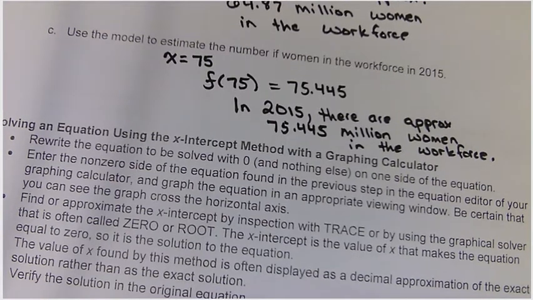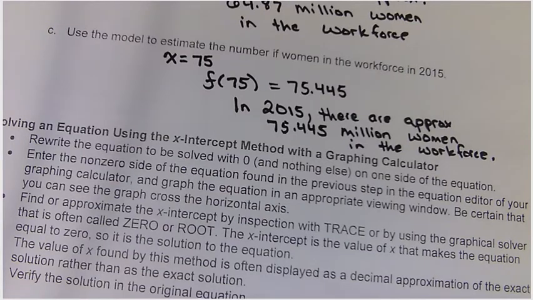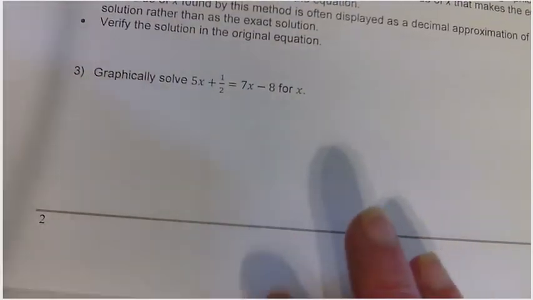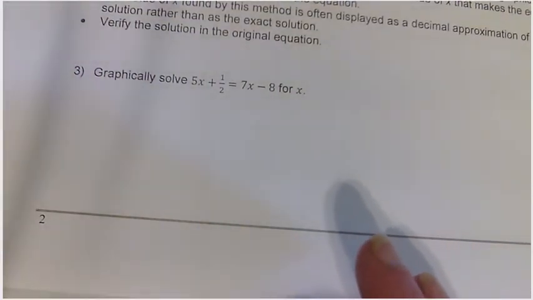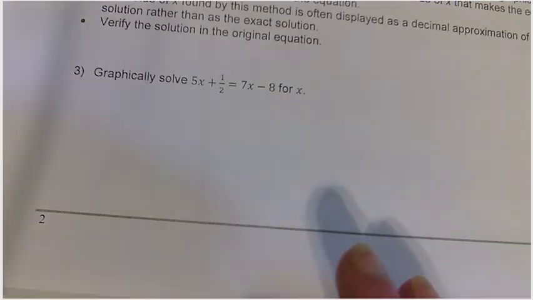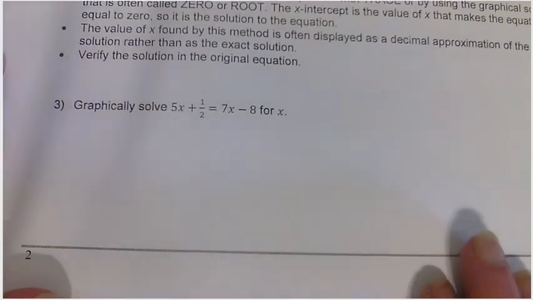We have to play with the window. But we'd want to find the x-intercepts because that's what would make it equal 0. Okay? So I'll show you that method, and then I'll show another method as well. I can show that tomorrow.